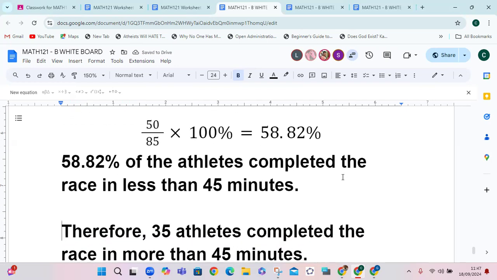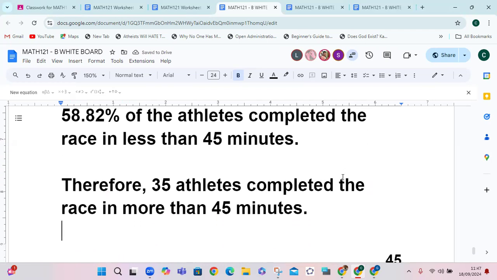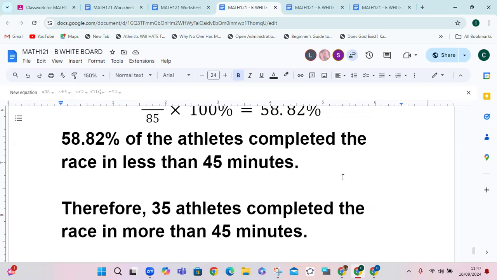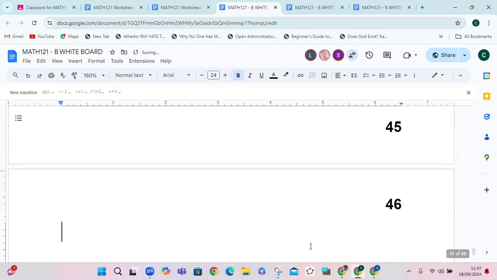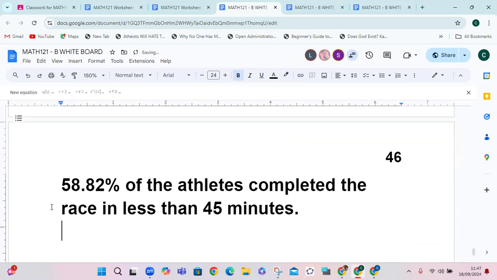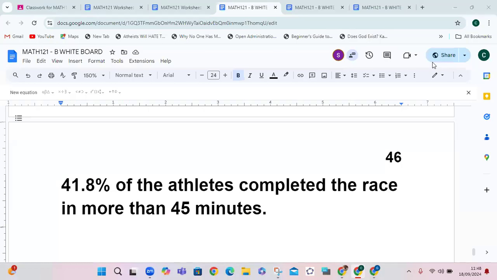And to calculate the percentage now of more than 45 minutes, we would have to subtract 58.82 from 100. Okay, so 58.82 from 100, that'll be how much? Therefore, 41.8% of the athletes completed the race in more than 45 minutes.